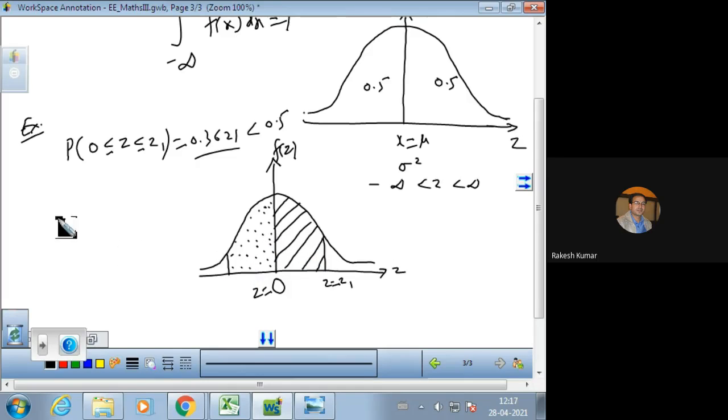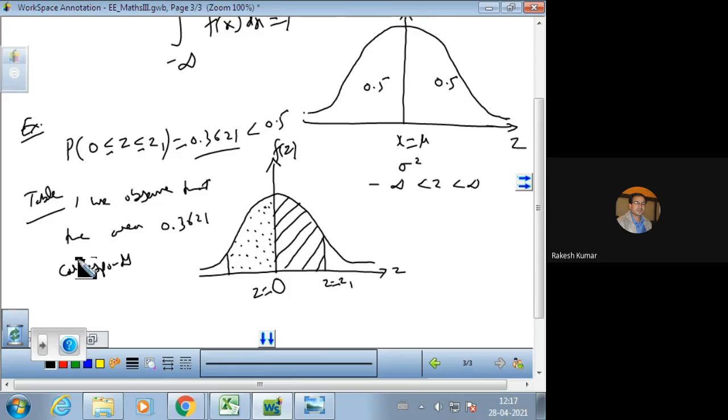The table will help us find the point. We observe that the area 0.3621 corresponds to z equal to what?